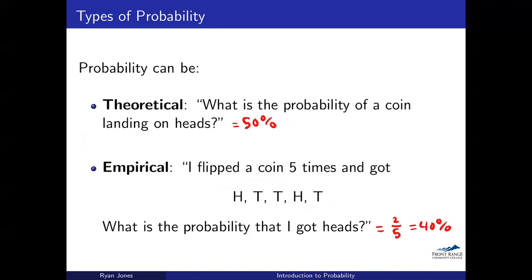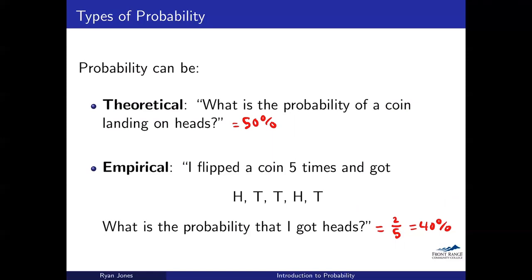So if you do an experiment, and here I'm flipping this coin 5 times. But if I keep flipping this over and over and over and just keep on going forever, and I flip this coin an infinite number of times, it's going to work out that I get exactly 50% heads and exactly 50% tails.